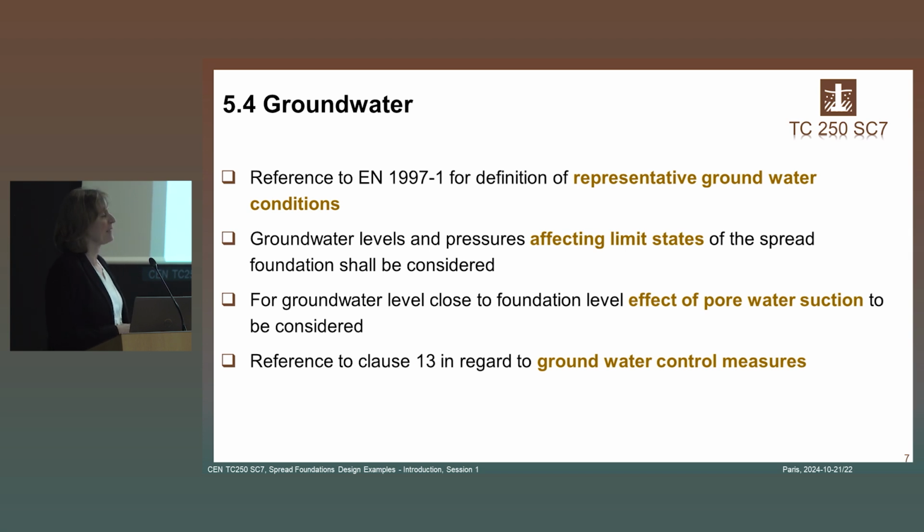And also maybe some rare situations which are not always typical, but they can occur. For example, if you have a groundwater level which is close to the foundation, that you also consider the effect of pore water suction, so a negative pore pressure, not only a positive one. And there's a reference also to clause 13 in regard to groundwater control measures, and this is also something which is in each of the other clauses as well.